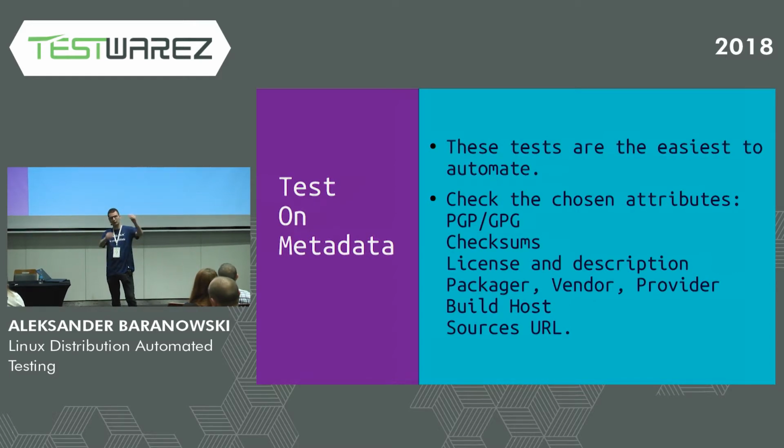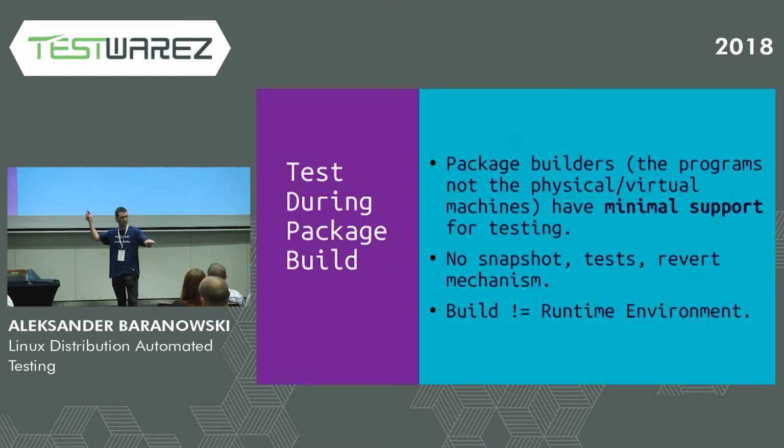Most of them don't have a special clause for tests. So what should be done is that you can make the snapshot. You build the software. You make the snapshot. You test it. If the test passes, you go with your build process.